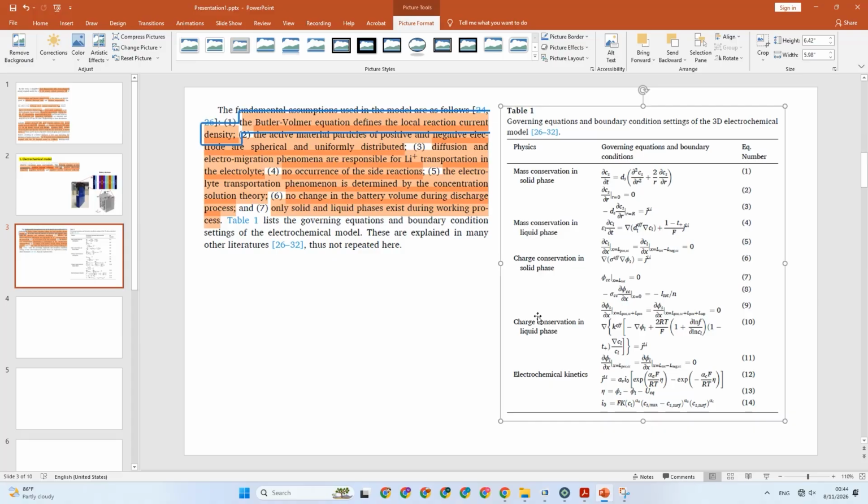Here two equations for the liquid phase: mass conservation and charge conservation in the liquid phase. We have some equations.